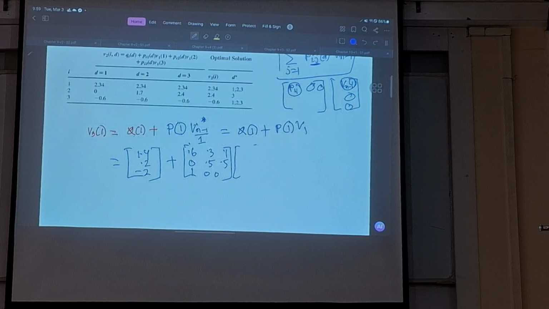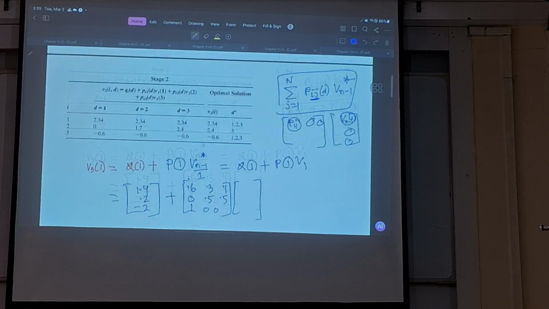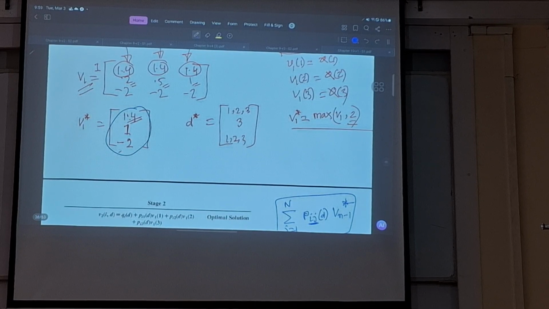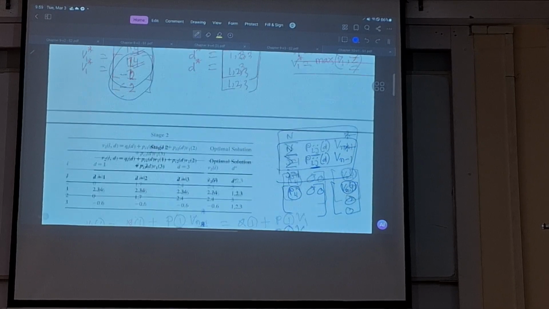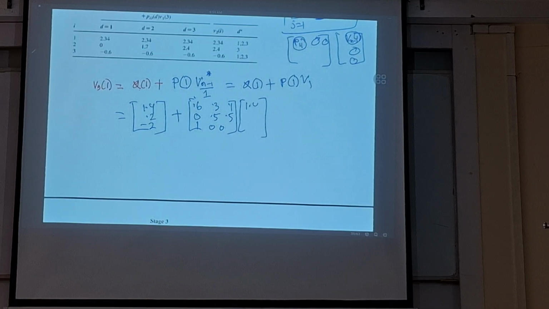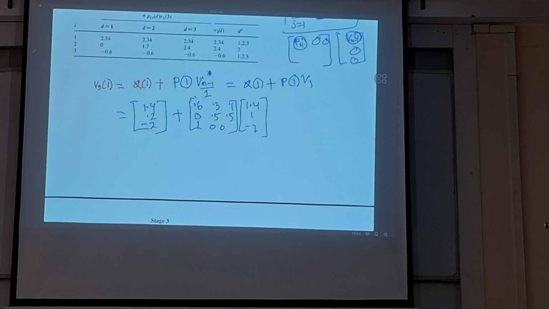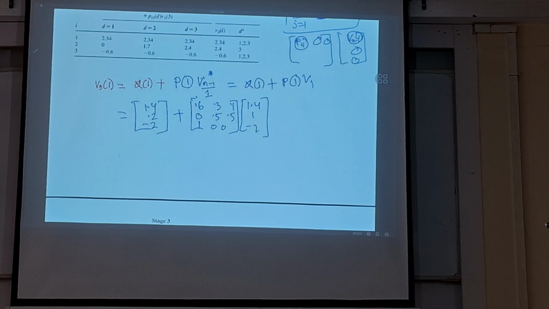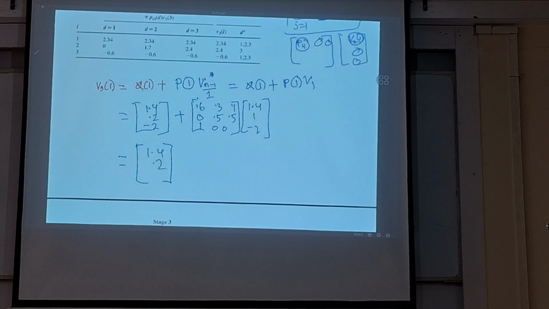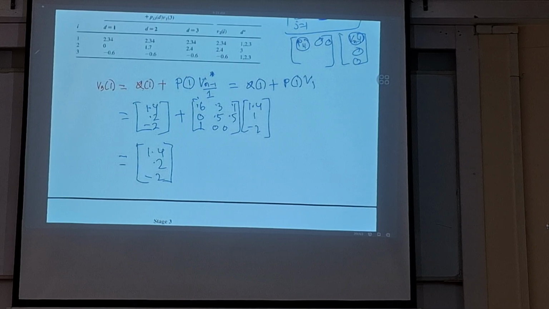And what is the optimum value here? We have just found the optimum value here. 1.4, 1 minus 2. Now, if we calculate this one, the first one remains the same, 1.4, 0.2, minus 2.